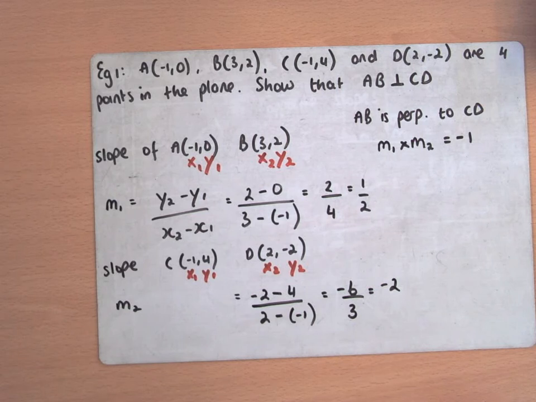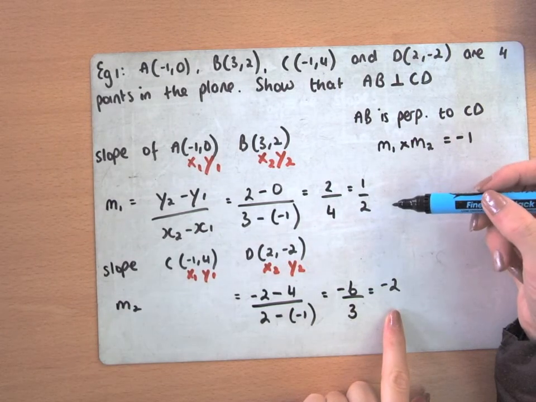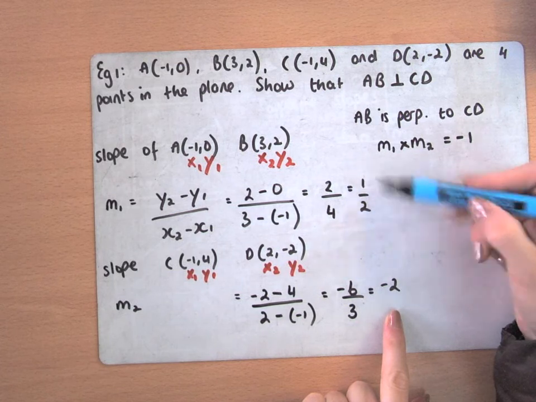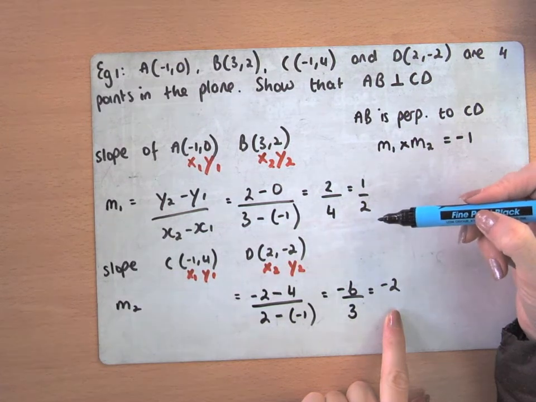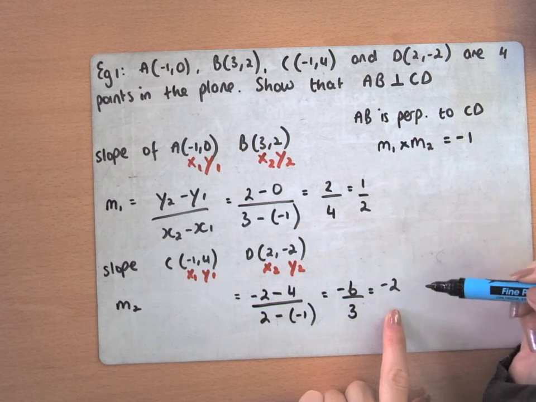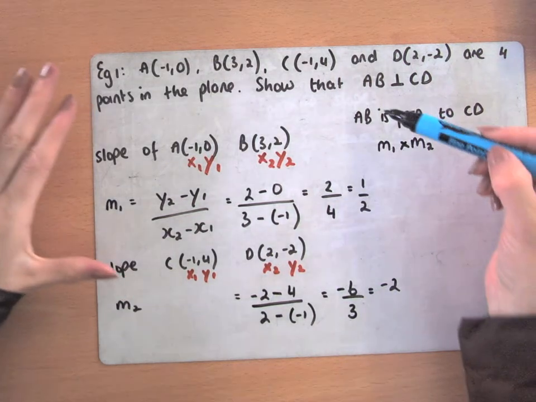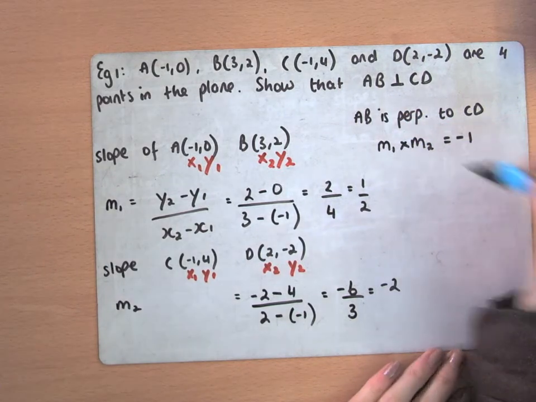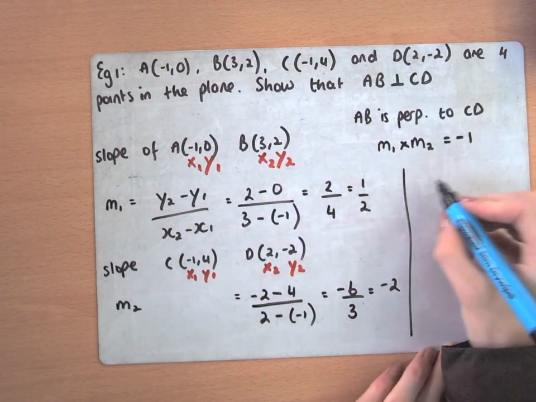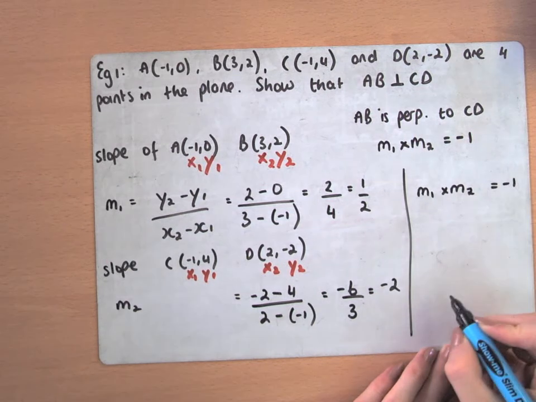Now, straight away I can look at those two and I can say I know they're perpendicular, because if I turn him upside down and change the sign, I get 2 over 1 and make it a minus. Minus 2 over 1, which is minus 2. But I have to show them in the test. So I have to do this part. Okay? So m1 by m2 is minus 1.